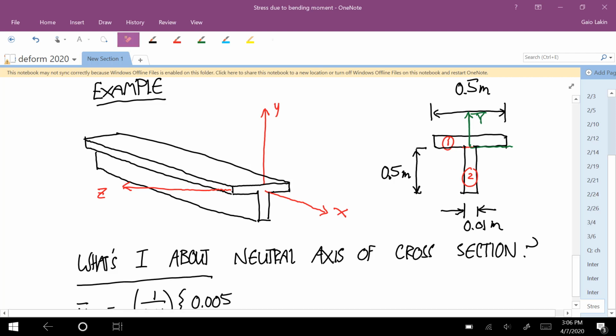And actually, we don't even need this one. The z-axis would go this way. But let's think about this as a separate coordinate system from that red coordinate system. All we're using this for is to calculate what the y-coordinate is of the centroid of the whole shape.